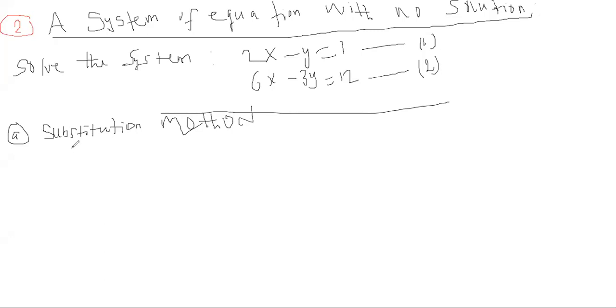So in the substitution method, what we need to do is take this first equation like before and make y the subject of the formula. So y can come here. This will give us 2x plus, this will be minus 1.